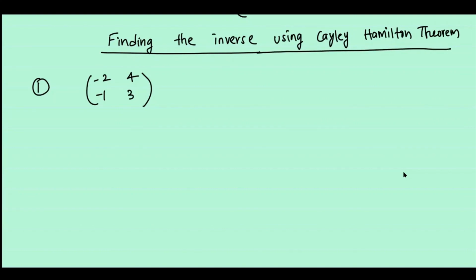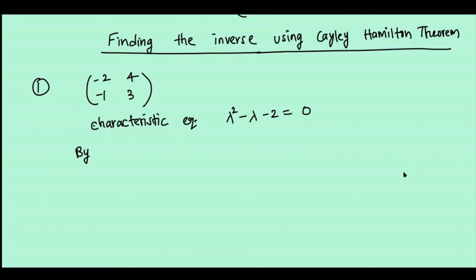As usual, we have to find the characteristic equation. In this problem, we will get the characteristic equation as lambda square minus lambda minus 2 equal to 0. Now we know that the Cayley-Hamilton theorem says that every square matrix satisfies its characteristic equation.